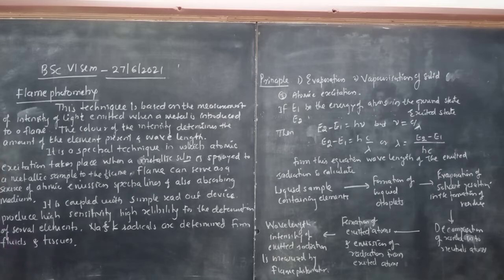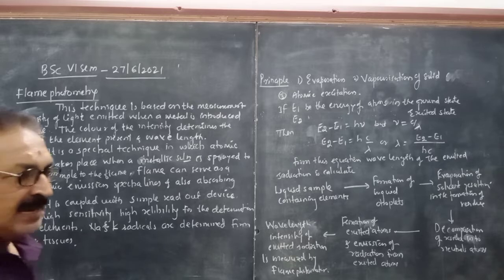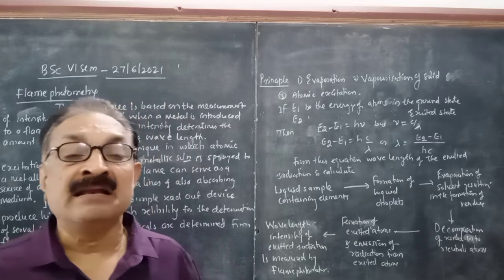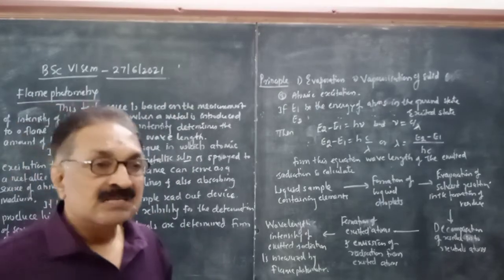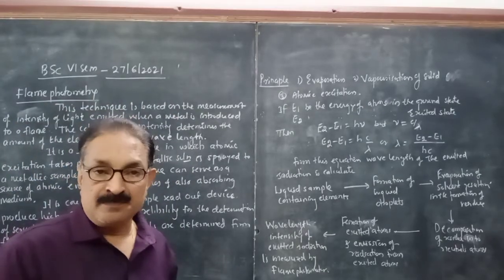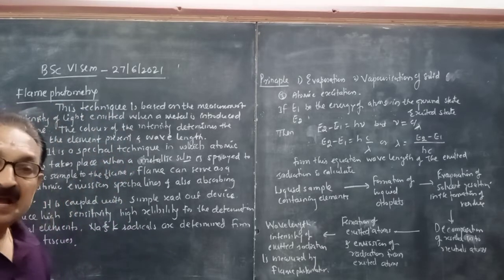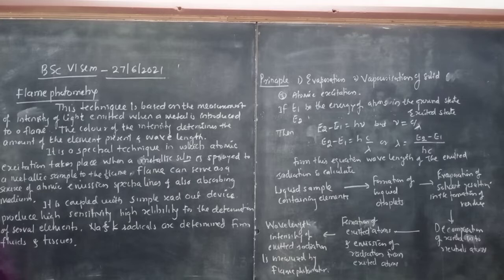For example, sodium imparts golden yellow color, potassium imparts lilac color, calcium imparts brick red color, and barium imparts apple green color. Like that, when these metals are introduced to the flame, they impart a specific color.